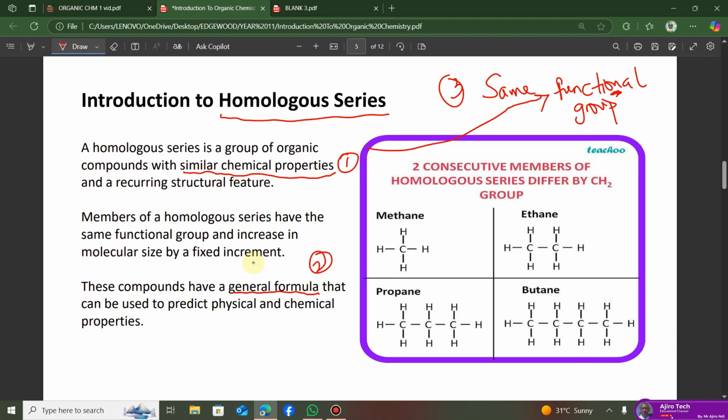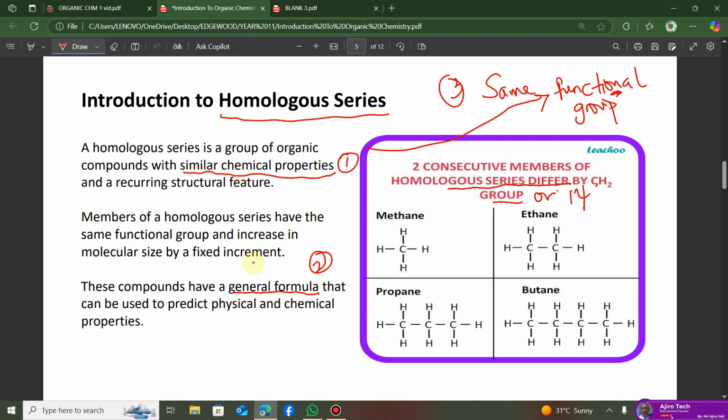Now let's talk about the fourth one, which I mentioned, that each member differs by a CH2 group or a CH2 unit. Or you could simply say each member differs by a mass of CH2. So the mass of CH2 is simply 12 plus 2, that's 14.